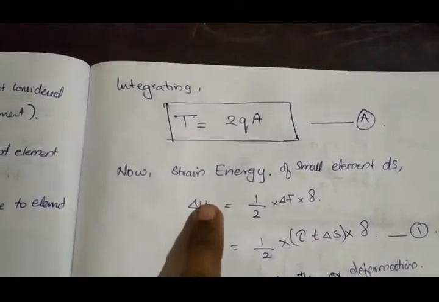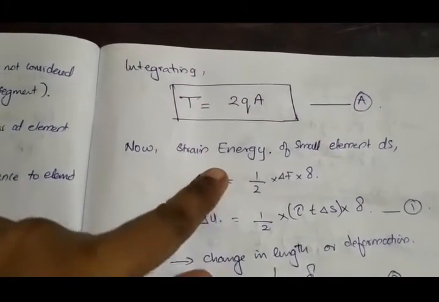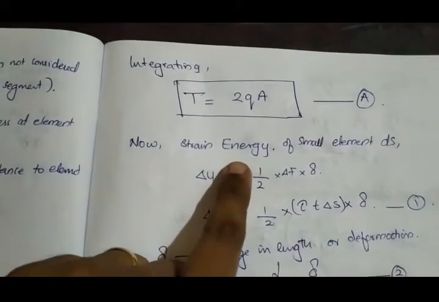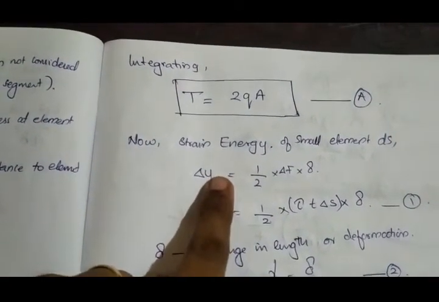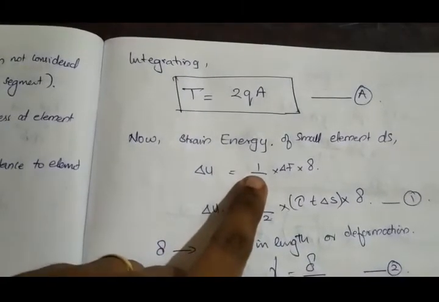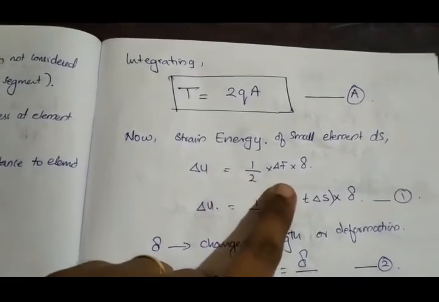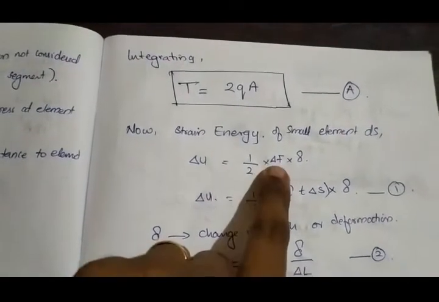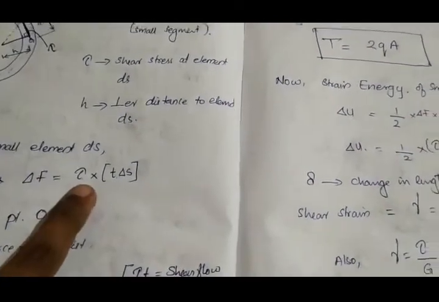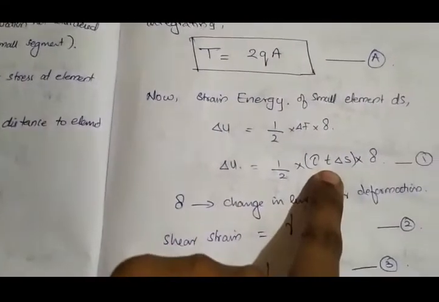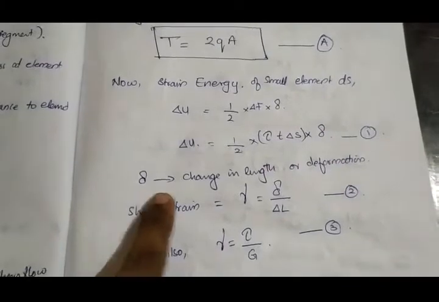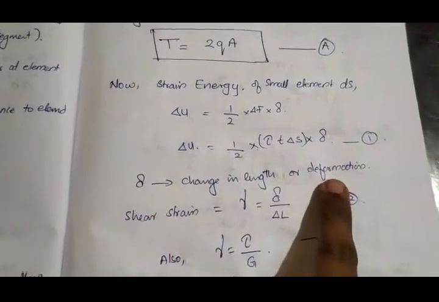Now if you want to find the deformation, we find it by using strain energy. Strain energy is nothing but 1/2 force into deformation. So delta U is 1/2 into the force, q delta s, into delta. Delta is the change in length or deformation.